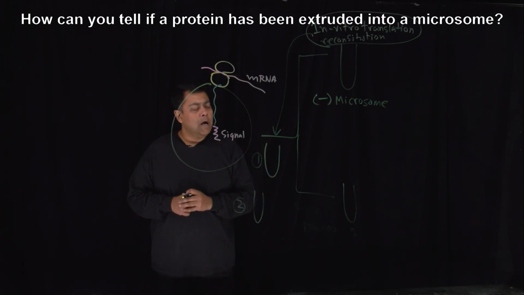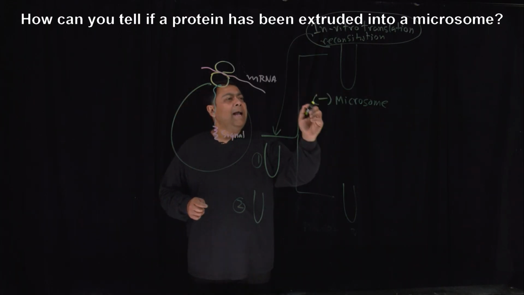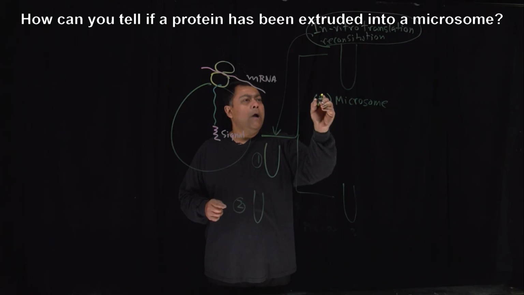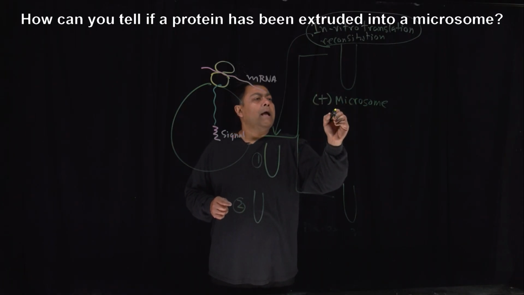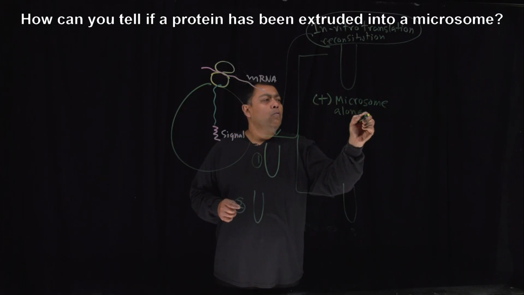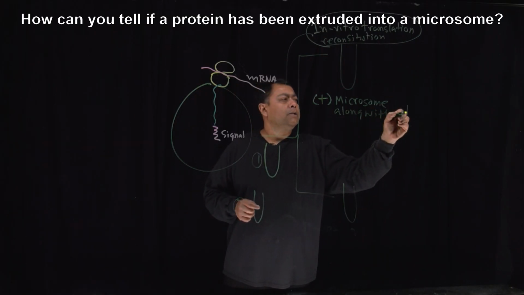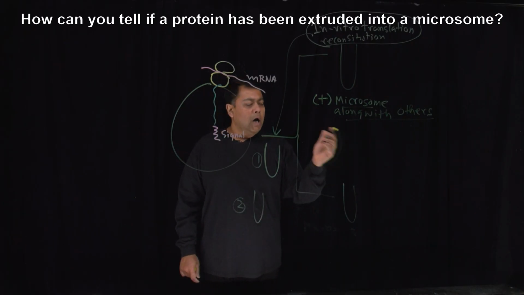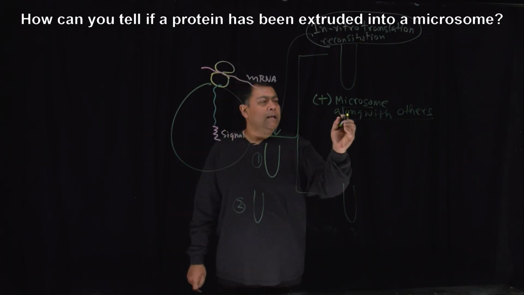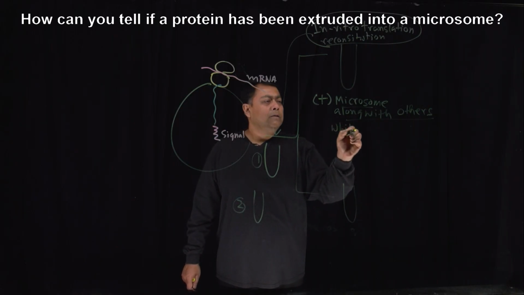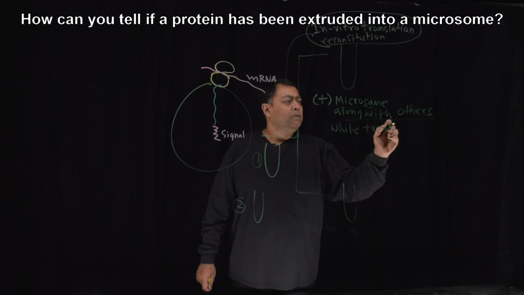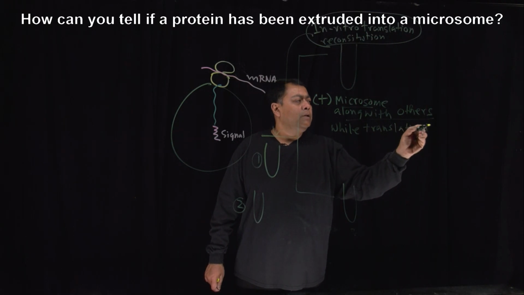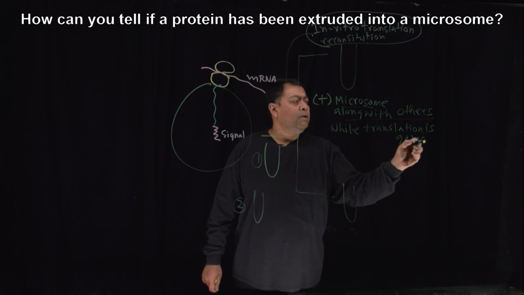What you essentially do is, in one of them, you add the microsome along with the other constituents, so you are adding microsomes while translation is going on. That is your first experiment.